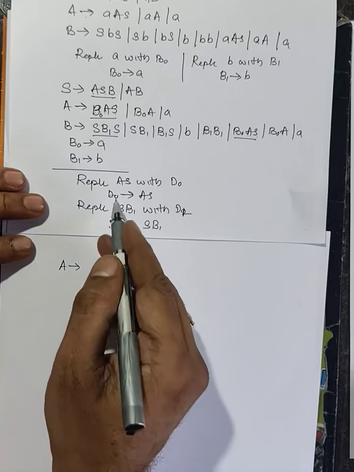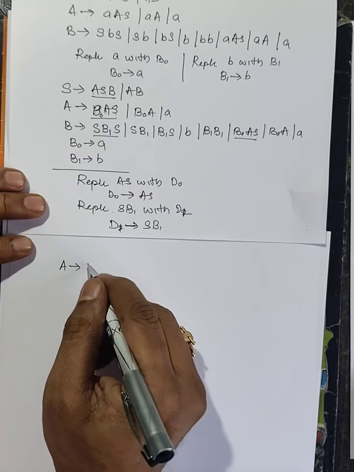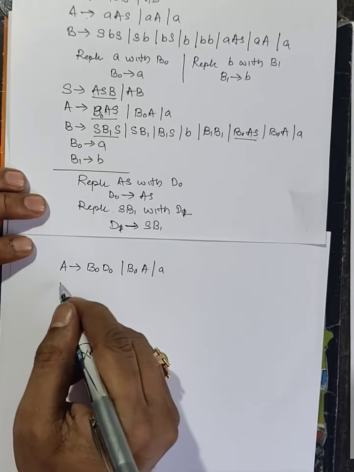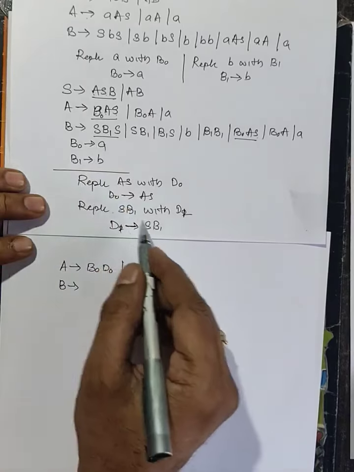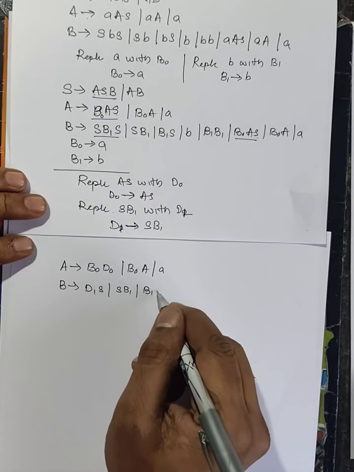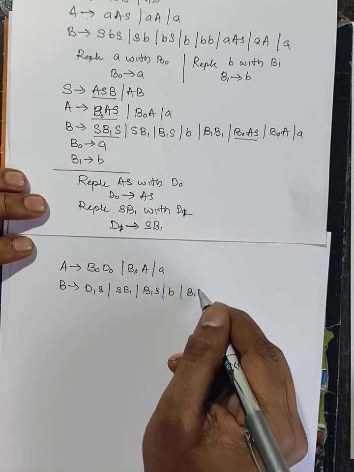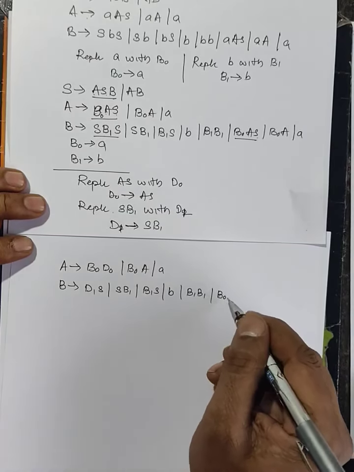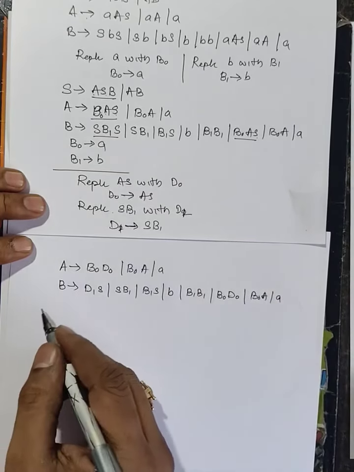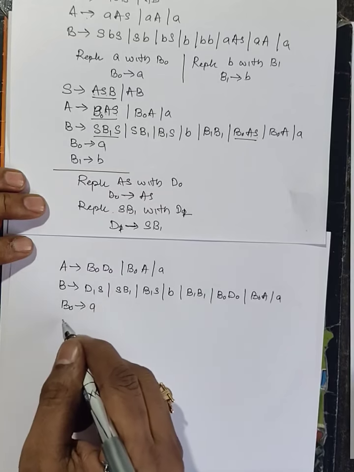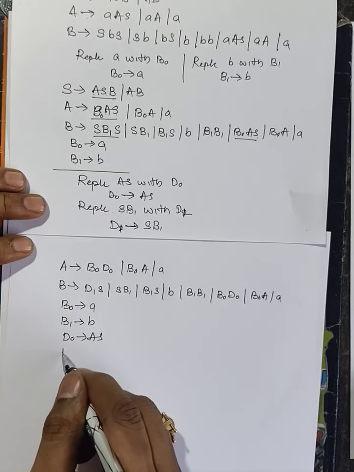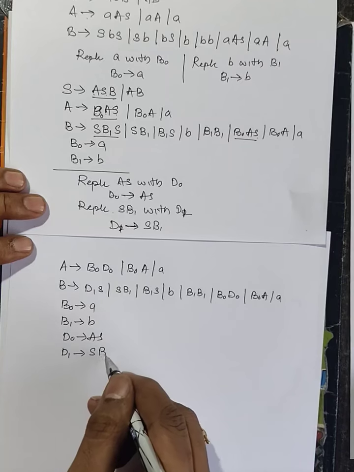A produce AS replace with D0, means B0 D0 B0 A or A. B produce D1 S B1, S B B1, B0 AS means D0 B0 A. Then B0 produce A, B1 produce B, D0 produce AS, D1 produce S B1.